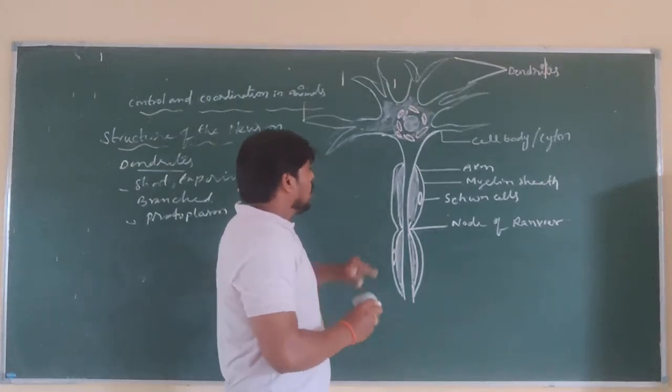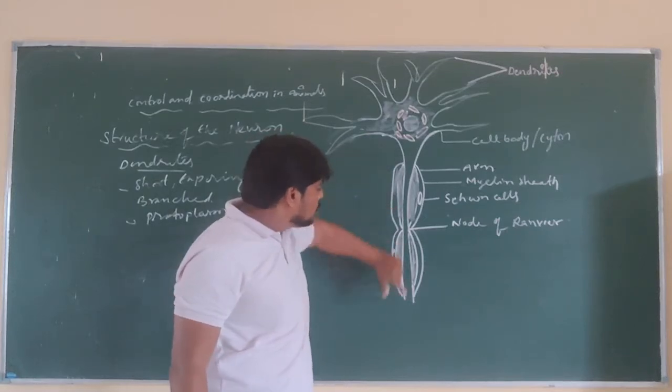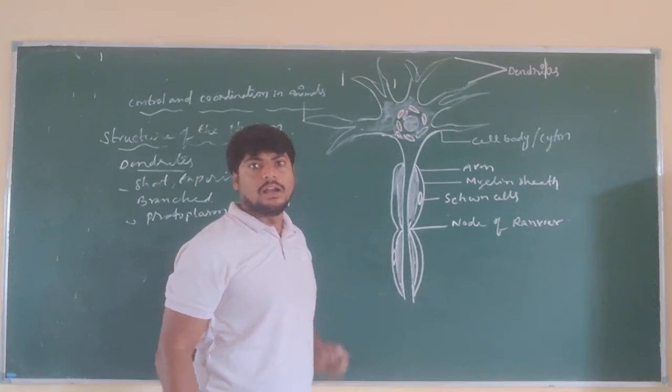Now, due to the presence of the myelin sheath, the electric impulse is able to occur through this nerve cell, through the axon.